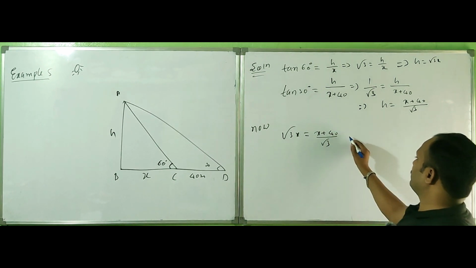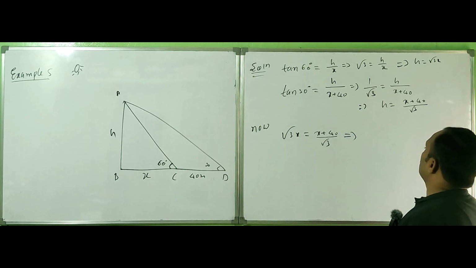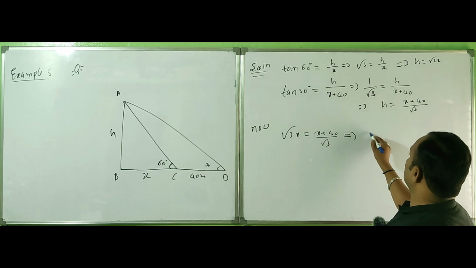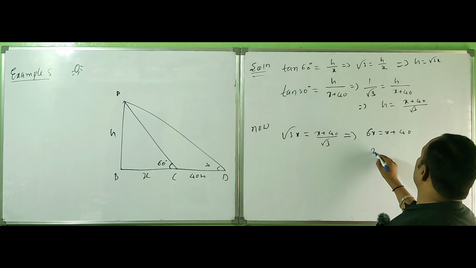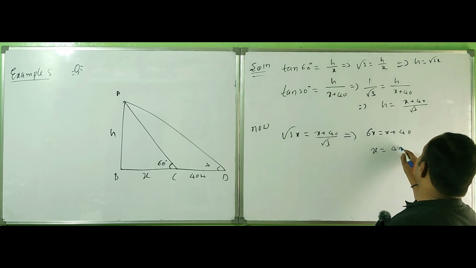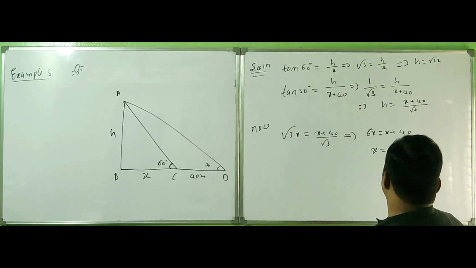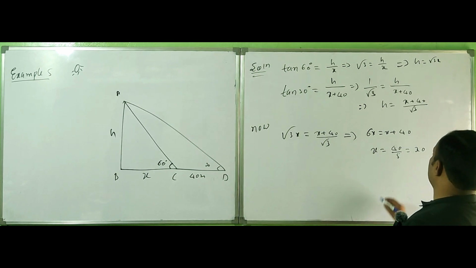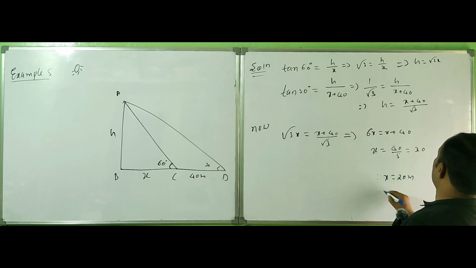Multiplying by root 3, this becomes 3x equals x plus 40, so 2x equals 40. Therefore x is equal to 20 meter.